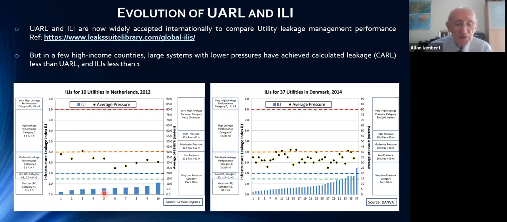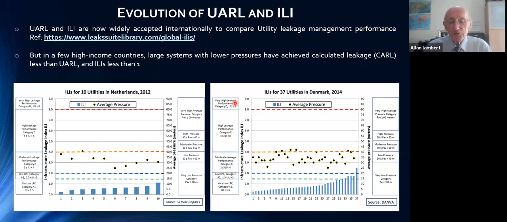We have categories of performance in the left-hand vertical axis, A to D. These are being used quite widely now internationally. A is very low, that would be an ILI less than 1.5, and more than 8 would be very high. So that's the left side vertical axis. And nearly all, in fact, all the Netherlands utilities are coming in at very low performance category A1.